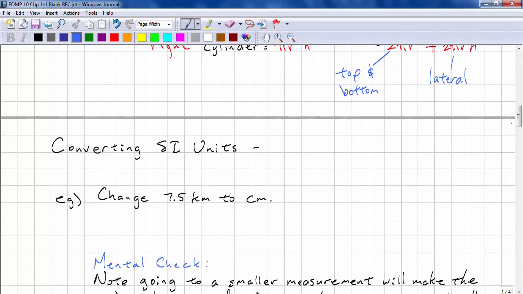Converting SI units. Now, to reduce errors, always write the units. This is called unit analysis or dimensional analysis.